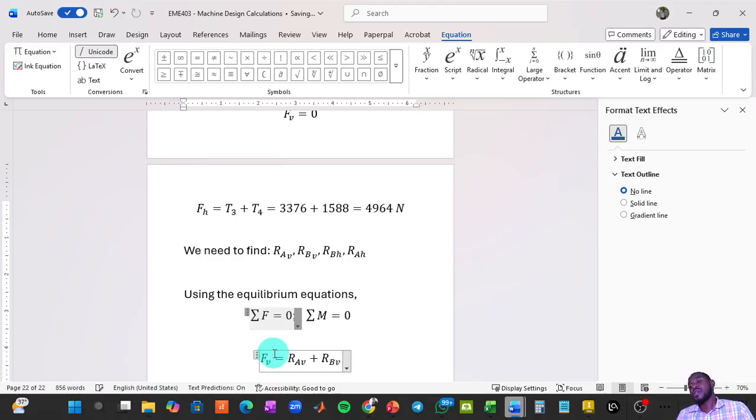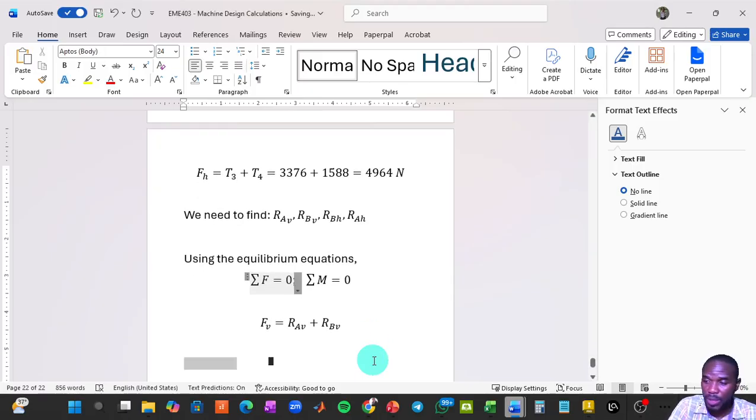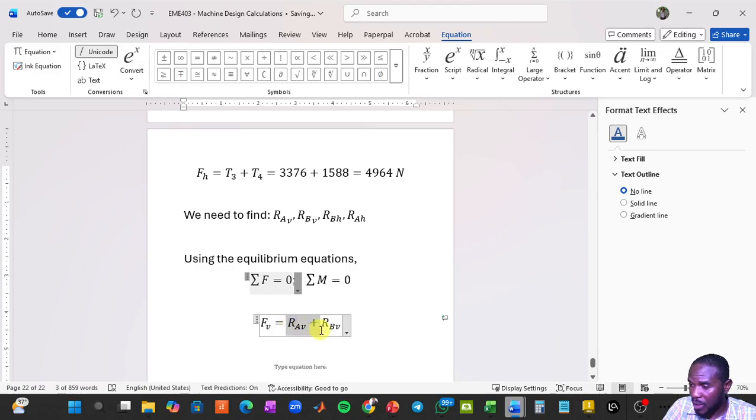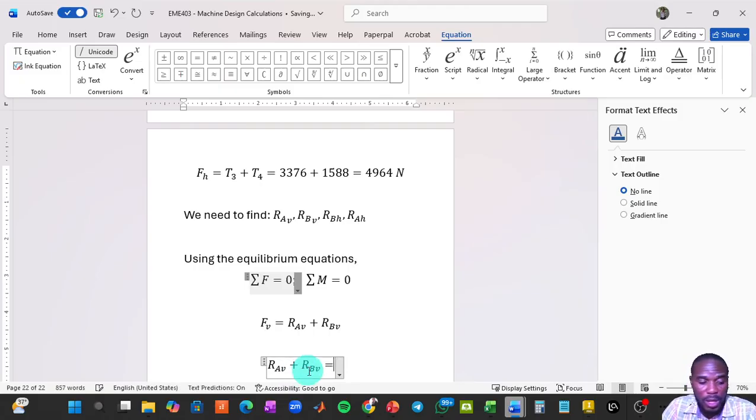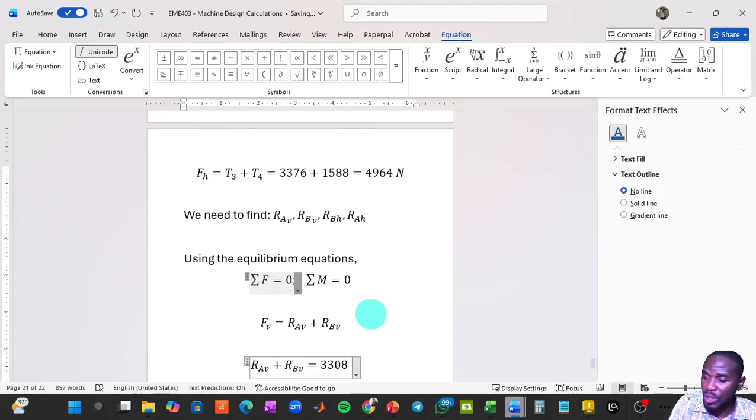So if we rewrite this equation properly, that will mean that RAV plus RBV will equal 3,308 newtons.